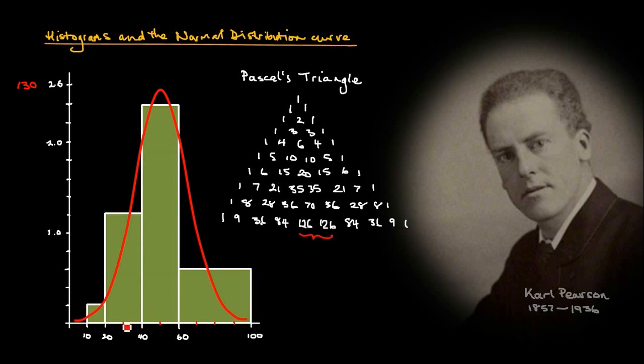So for 84, I'm going to be looking at this bin here from 30 to 40. So 84, well, if this is going to be 100, then this is going to be 50. So my 84 value is going to be about here. So that looks about right.